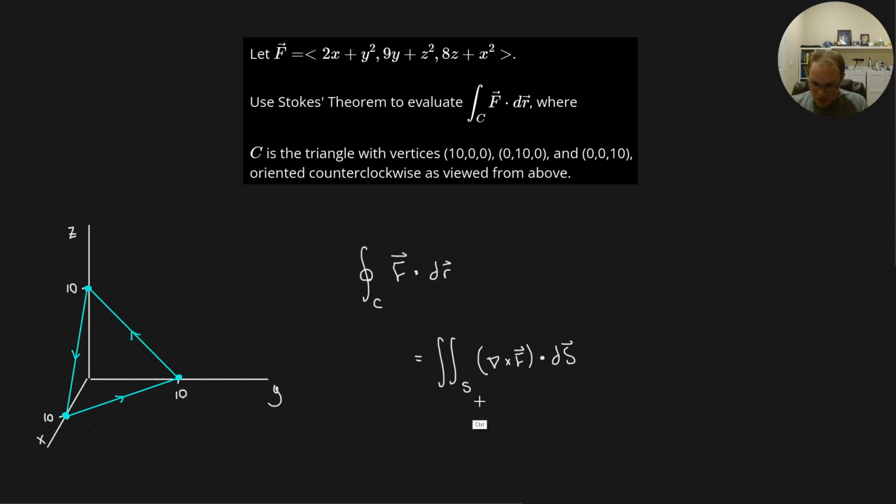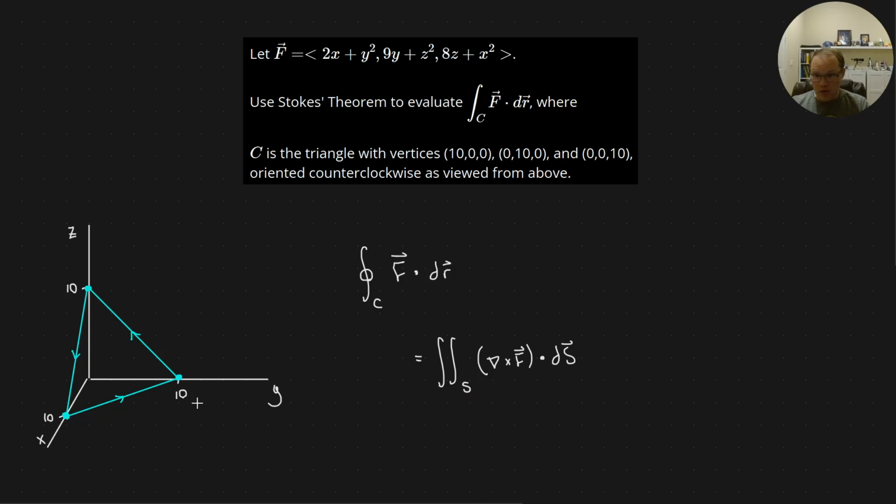Any surface will work. So since any surface will work, let's take the easiest possible surface. We can take the plane in between these 3 points. 3 points determine a plane, so I know there is a plane there. Okay? So that's what we're going to do.